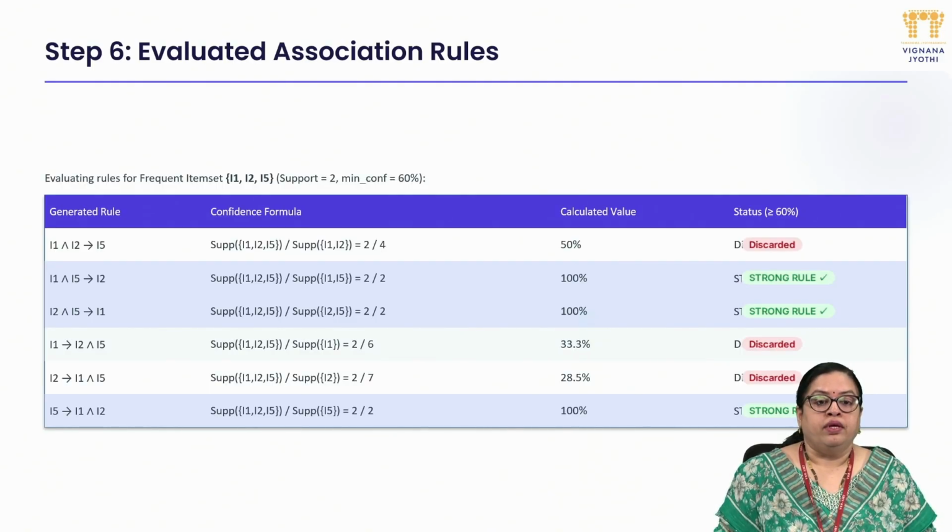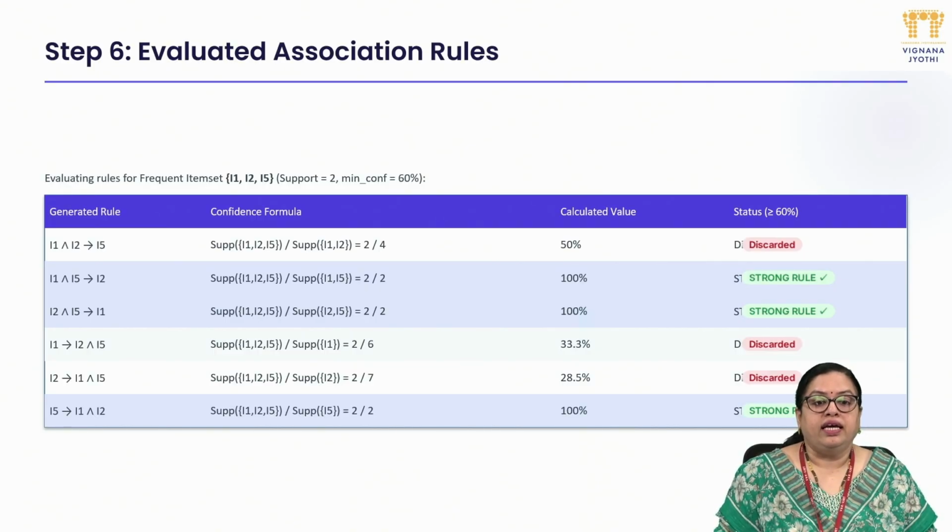Like the same, we are taking I1, I2 and I5. Above, we first took I1, I2 tends to I5. Next we are taking I1, I5 tends to I2. Next we are taking I2, I5 tends to I1.